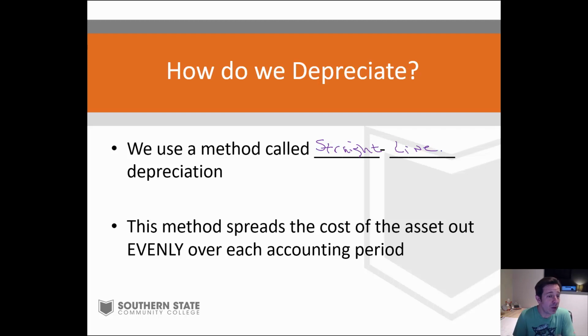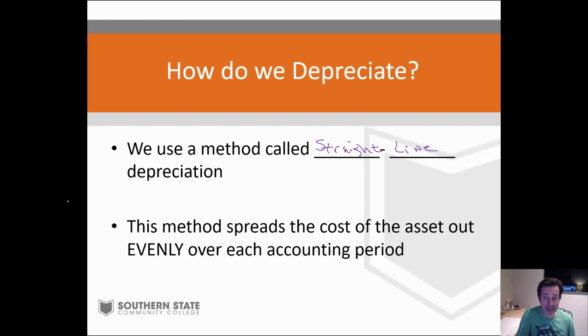And that's fine, because what I'm getting ready to show you is the way that most everyone depreciates stuff anyway. They don't do the hard methods. They like to do the easy ones. So this is kind of what happens in a lot of the cases when we're trying to depreciate an asset. When we do straight line, it spreads out the cost evenly over every accounting period that we use the asset. Okay? So we got a name.